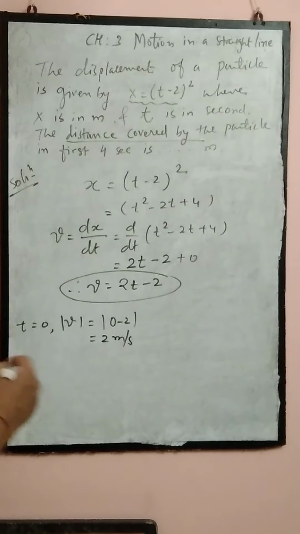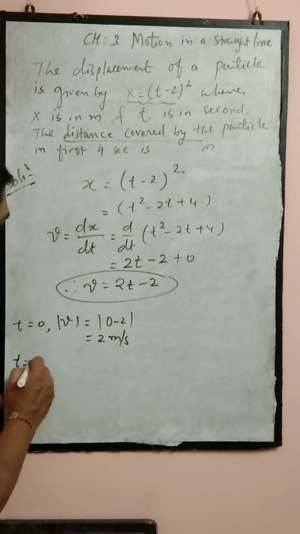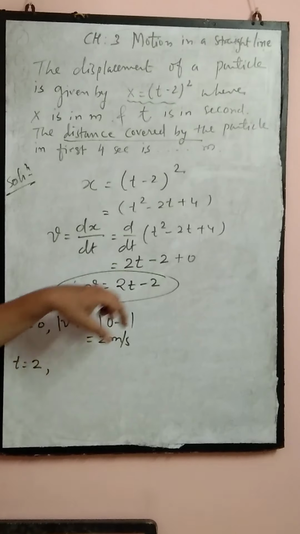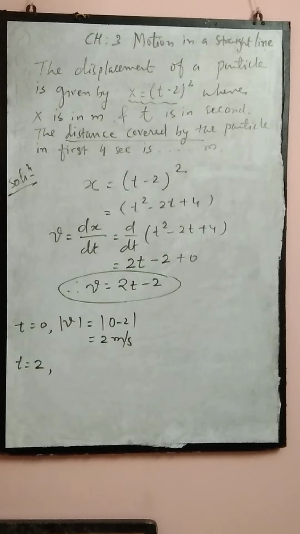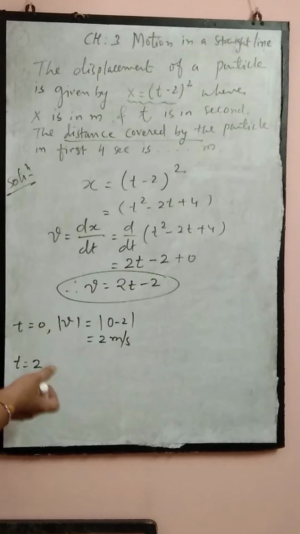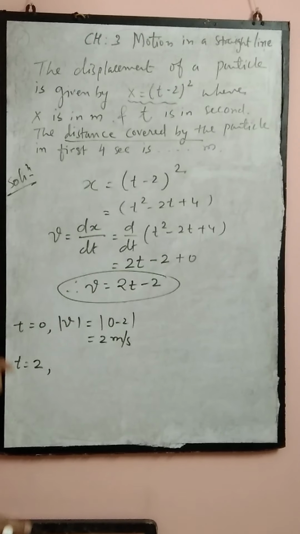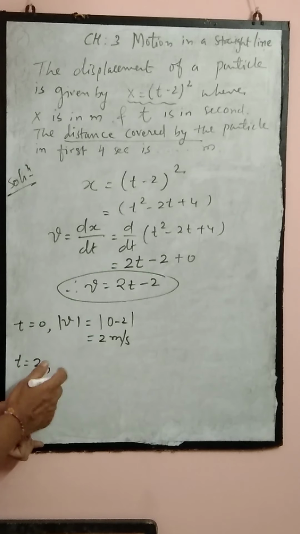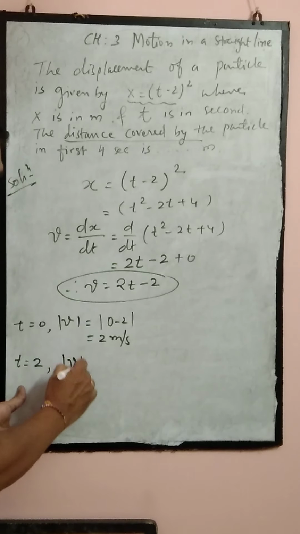Again, when you substitute t equal to 2, why am I taking even numbers? So that you people can easily get the magnitude. Otherwise you can take 1, 2, 3, minus 1 also. No worry in that, but here for convenience we take easy numbers.